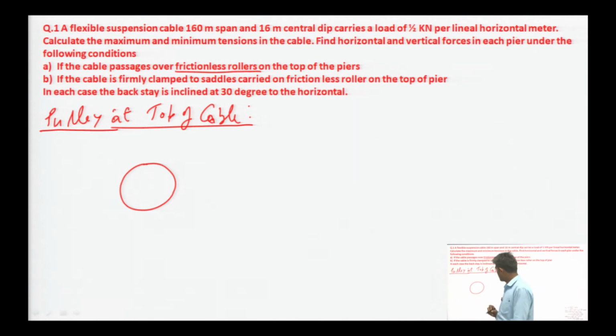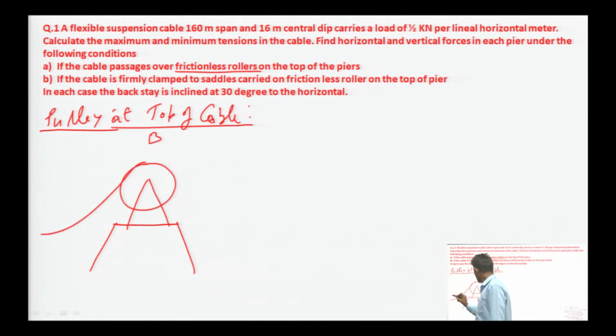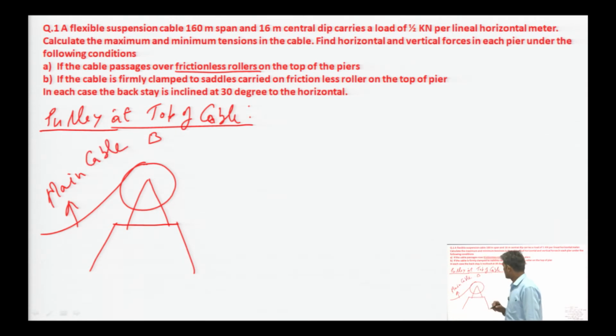In this case we need to make the free body diagram. We are making the free body diagram at point B. Here is the cable, this is the main cable, and here this is the anchor cable.